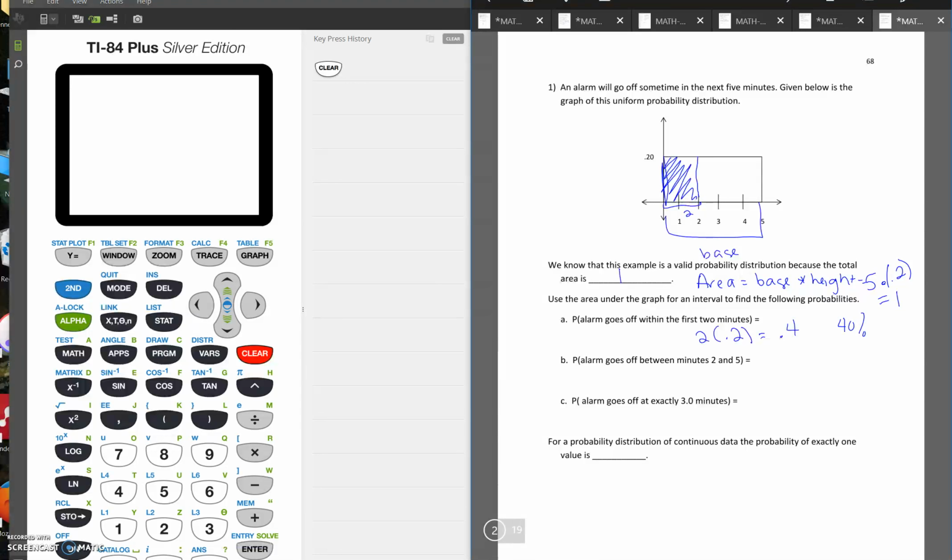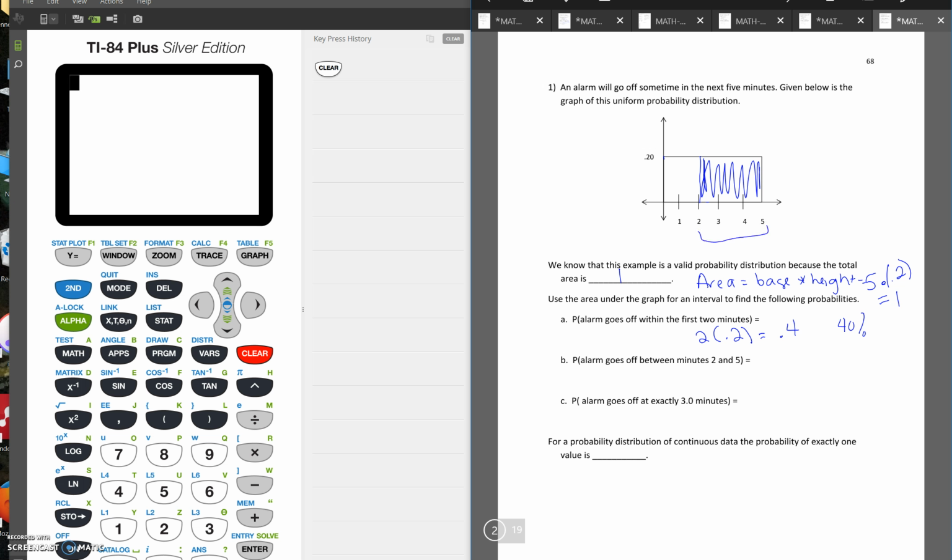Now we want to look at the probability that the alarm goes off between 2 minutes and 5 minutes. I'm going to erase what we had to make this next part. From 2 to 5, we're going to draw that part of the rectangle and shade it in. We want this area that's shaded in.